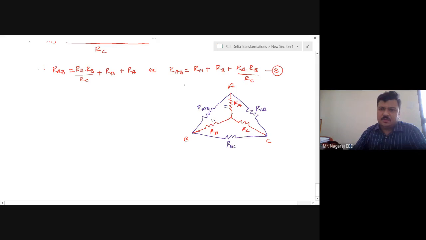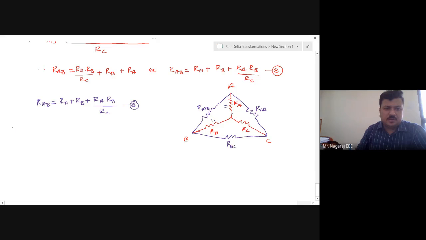If you remember this way, you will get the transformation very easily. So similarly, RAB is equal to RA plus RB plus RA into RB divided by RC. This is equation 8.